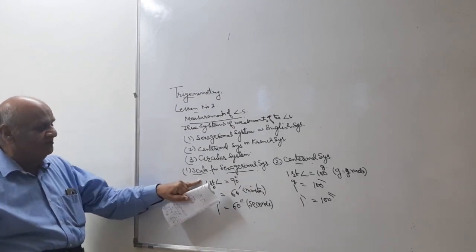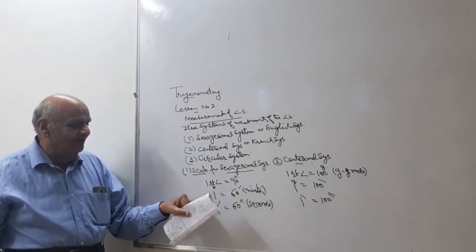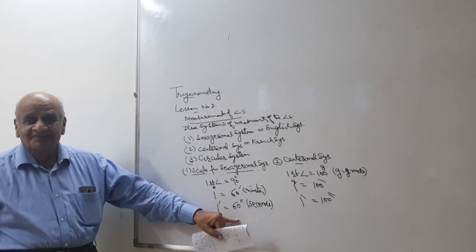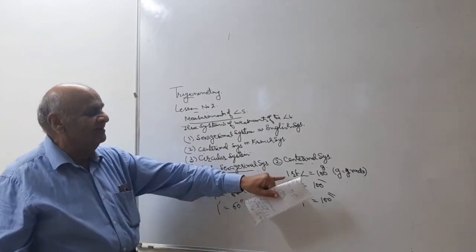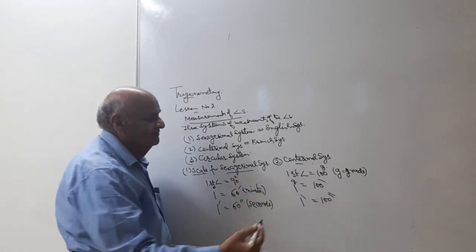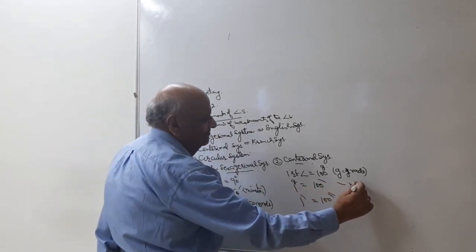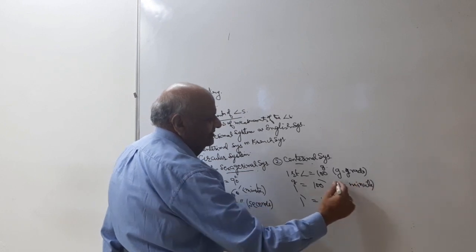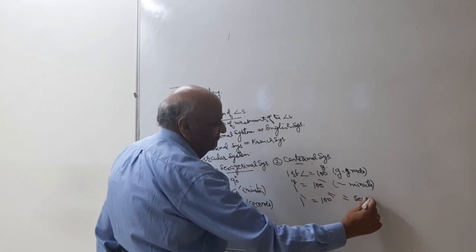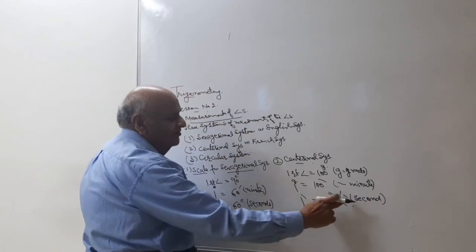First, which is very common, the scale is one right angle is 90 degrees, 1 degree 60 minutes, 1 minute 60 seconds. And then we have one right angle is 100 grades, 1 grade is 100 minutes. This is minute, like this. And this is second, like this. But not so common at all.